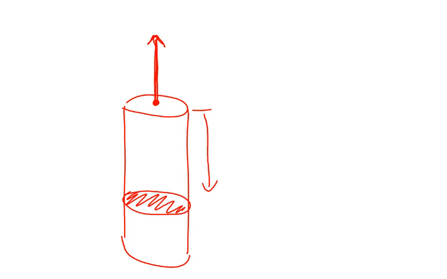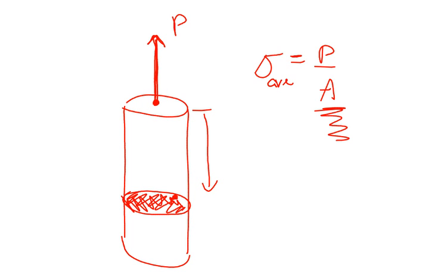So when I say sigma is equal to P over A, it kind of assumes an average value. It actually is the value that applies to the whole cross-section. Even if I pick a little part of this cross-section, the stress at that little point is still going to be P over A because the force P is evenly distributed over that cross-section.